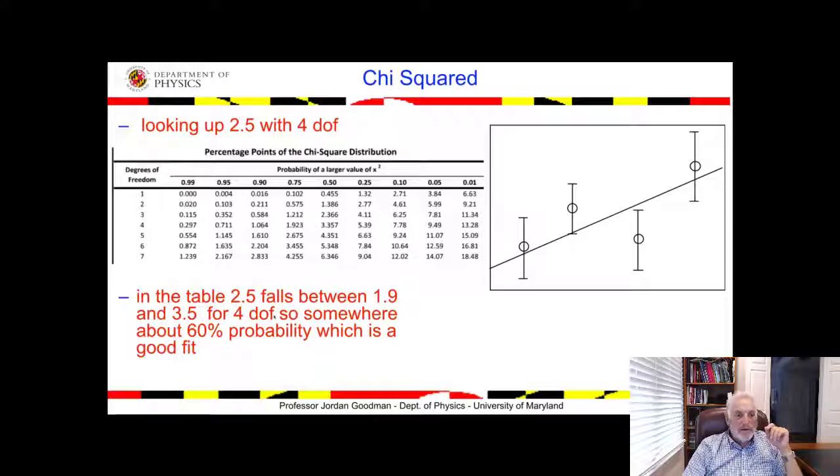So we could say that there's about a 60% chance that you get a chi-squared of this value or larger, and that's a pretty good fit. So we say this data is completely consistent, and we've been able to calculate chi-squared just by estimating how far the point is away in units of the standard deviation and squaring it.